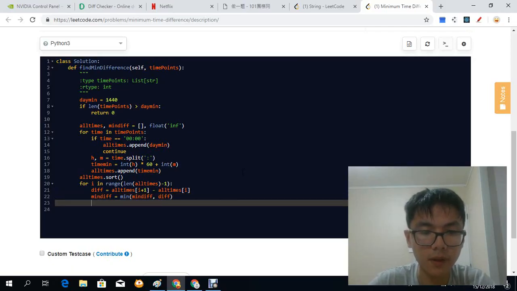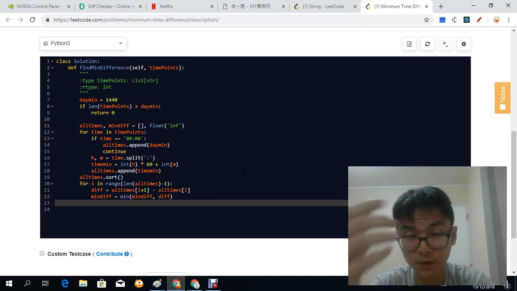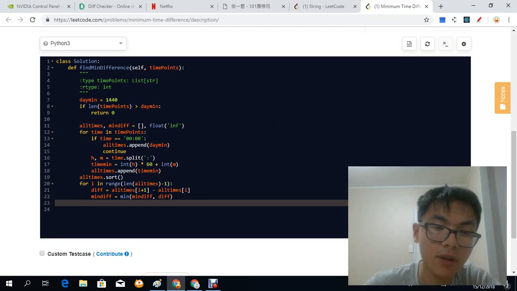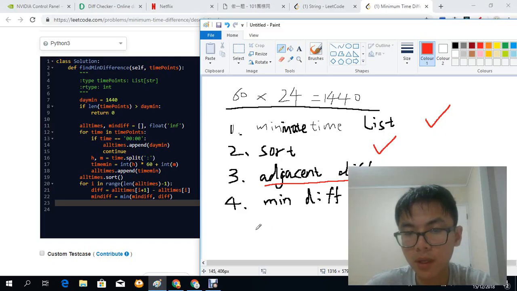Okay, now after this, can we just return the minimum difference? The answer is we can't. Why? Because the minimum difference we get is from the sorted new list, but there's one more thing we have to check, which could be the minimum.